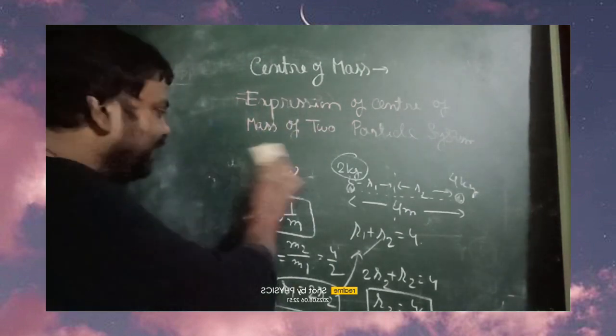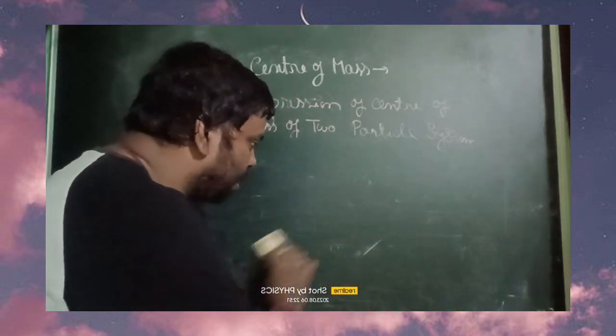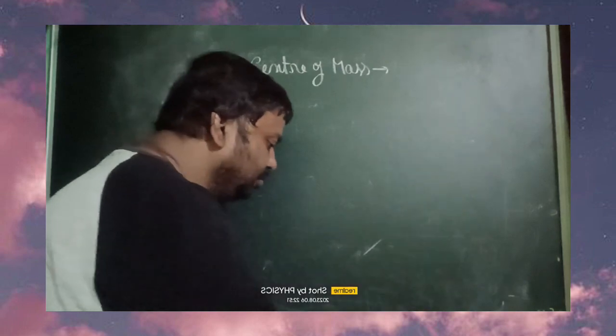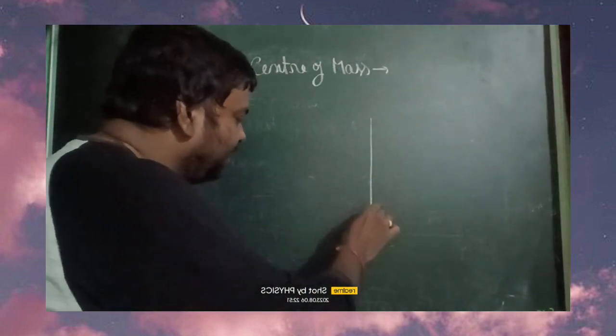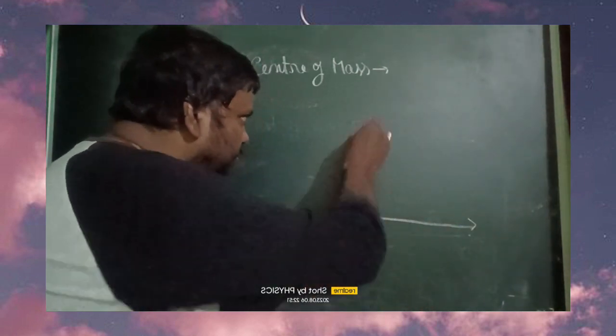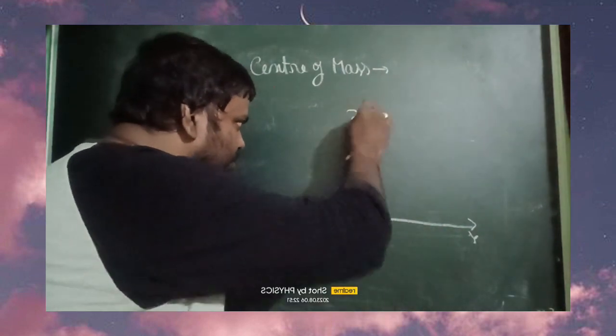Now let's move to another numerical. This is a right hand Cartesian coordinate system, the x, y, this is z.